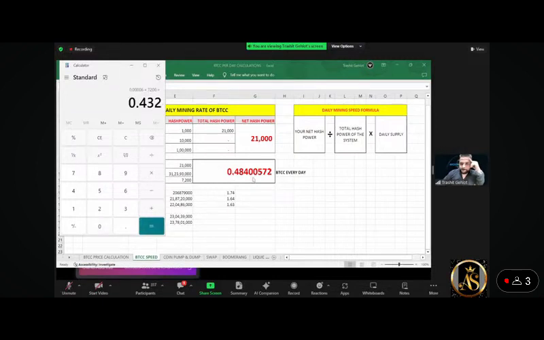So you see, with the existing hash power of the system, I am claiming 0.48 BTCC every day.